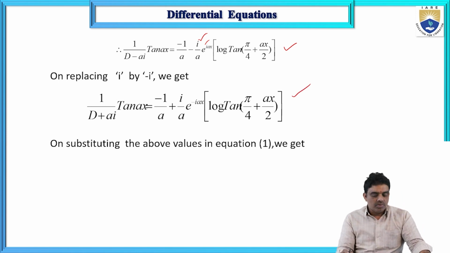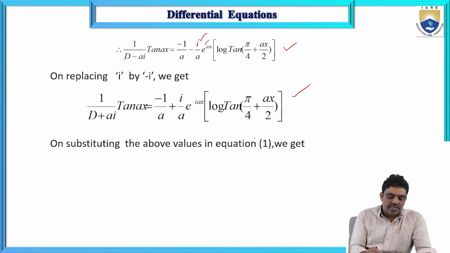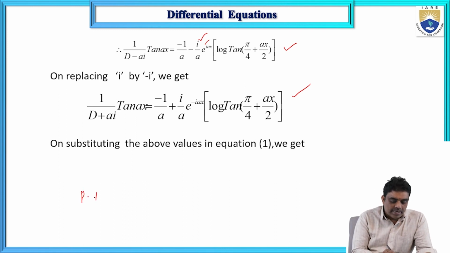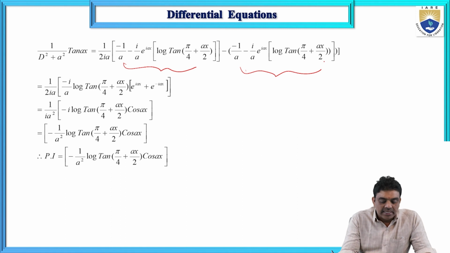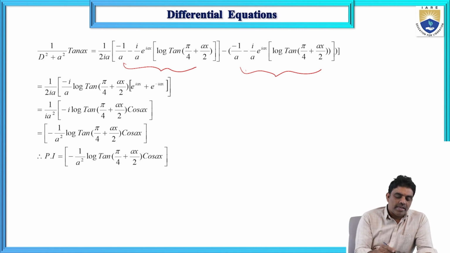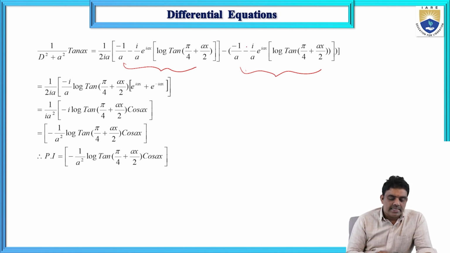Now, on substituting these two values in equation 1, the particular integral is equal to 1 by 2i a into, so this is the 1 by (D minus ia) of tan ax, and this is 1 by (D plus ia) of tan ax. On simplifying, minus 1 by a plus 1 by a gets cancelled.